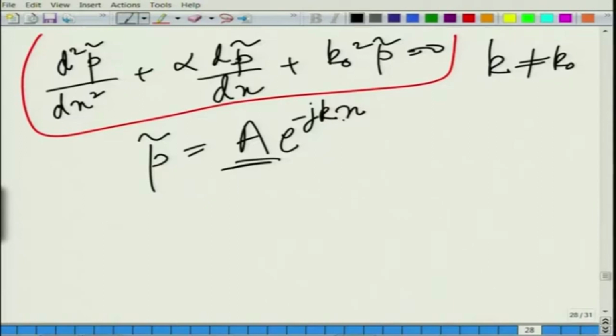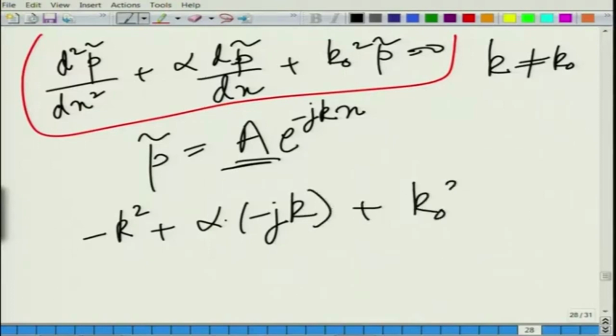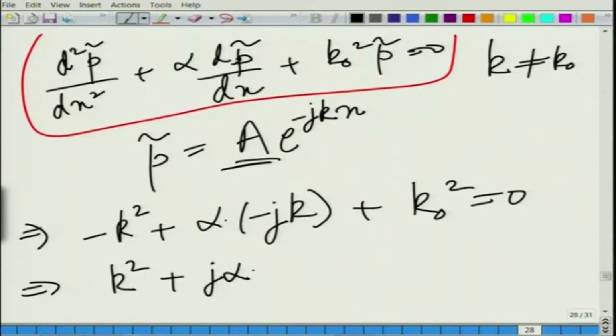So, minus j k, that will become minus k square, plus alpha times minus j k, plus k naught square is equal to 0. Once you simplify the above equation, you will get k square minus j alpha k minus k naught square equals 0.